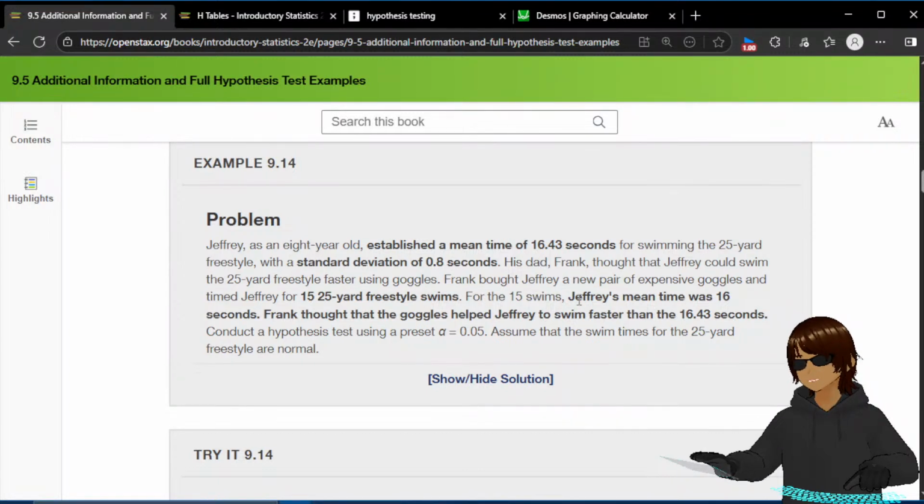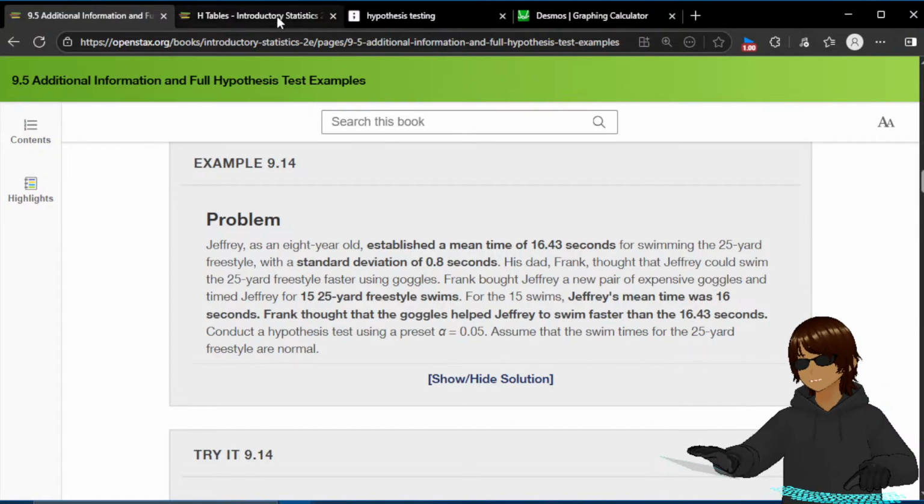For 15 swims, Jeffrey's mean time was 16 seconds. Frank thought that the goggles helped Jeffrey swim faster than 16.43 seconds. Conduct a hypothesis test using a preset alpha of 0.05. So the p-value has to be below 0.05 in order to reject the null hypothesis.